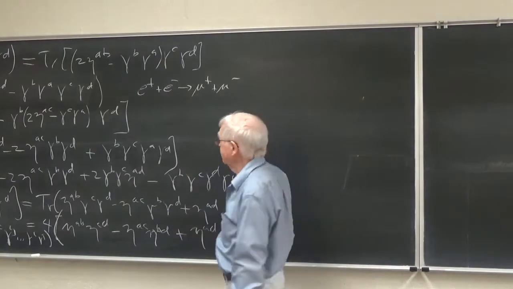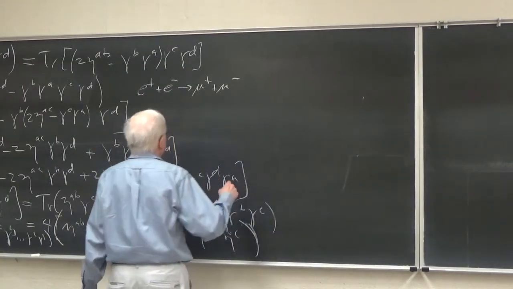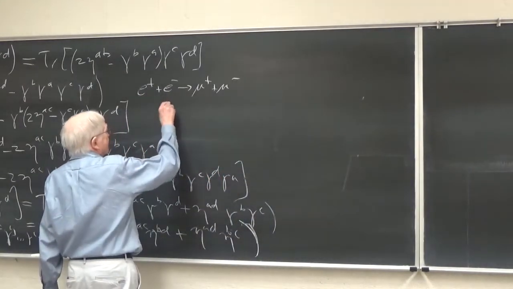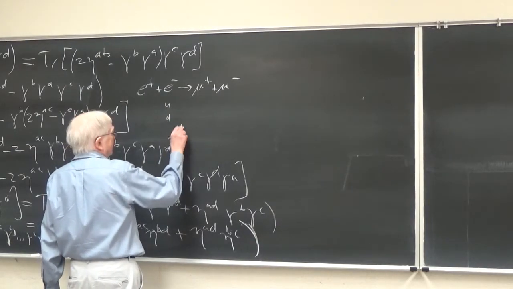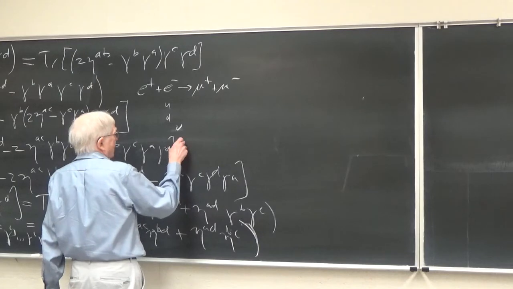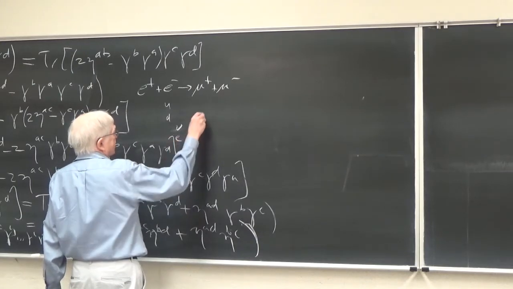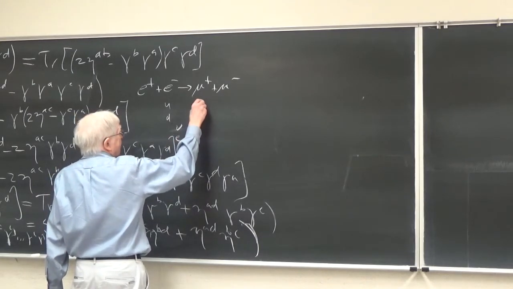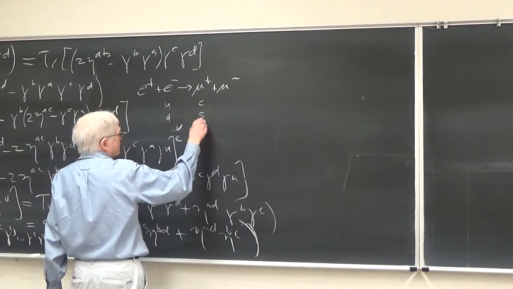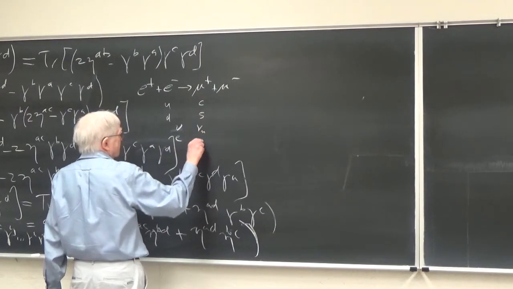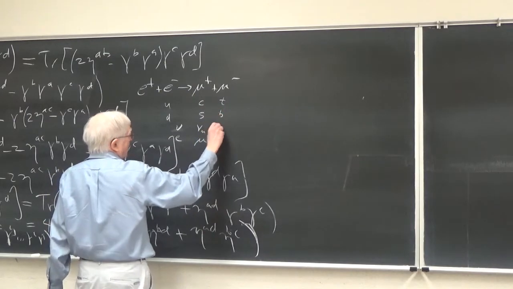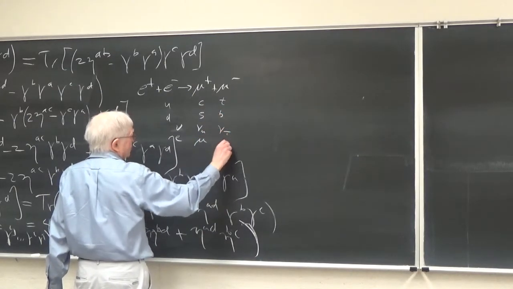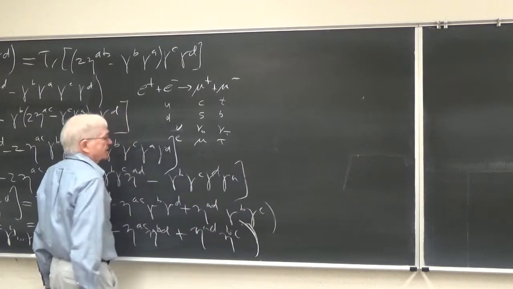And so in the standard model of particle physics, what you've got is you have an up quark, a down quark, an electron neutrino, and an electron, and then you have a charm quark, a strange quark, a muon neutrino, a muon, a top quark, a bottom quark, a tau neutrino, and a tau lepton.